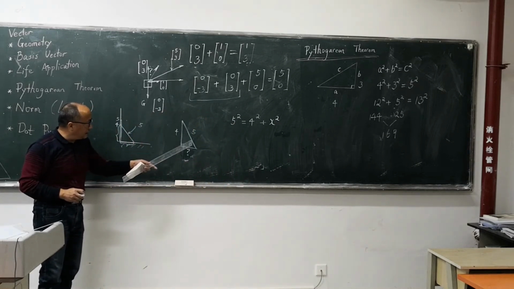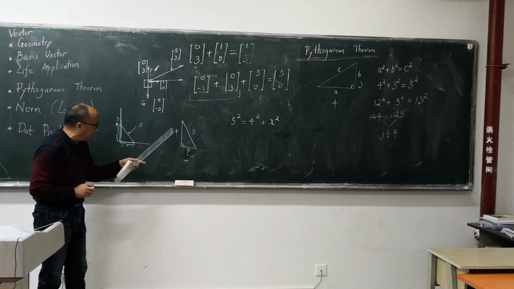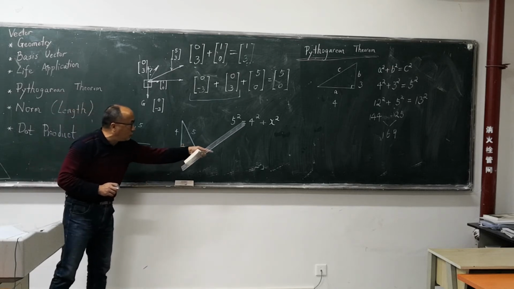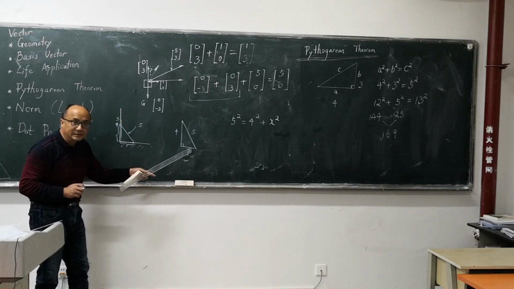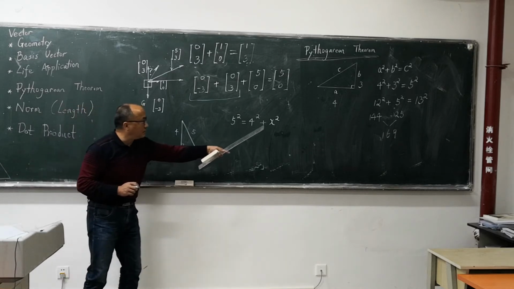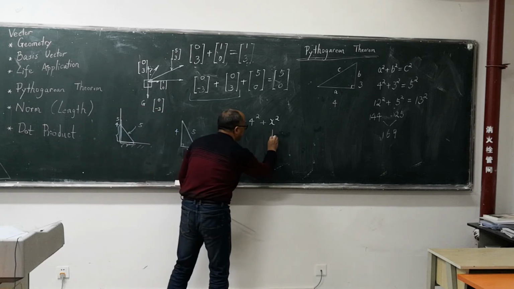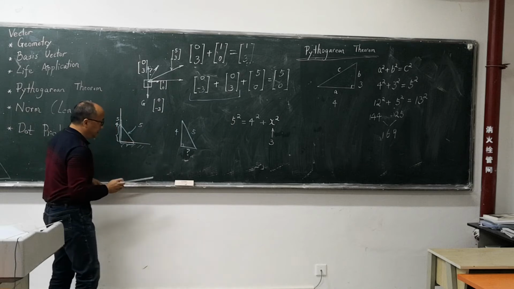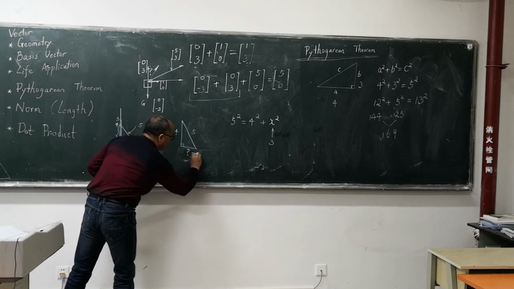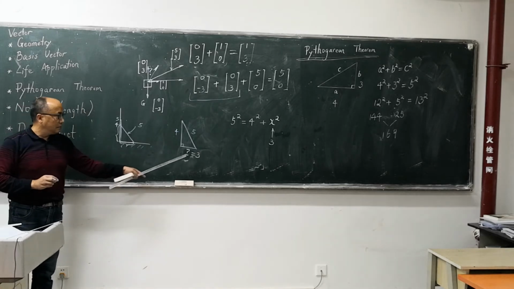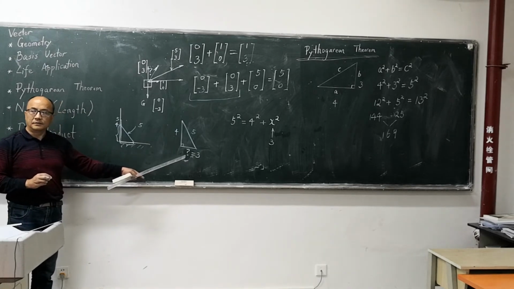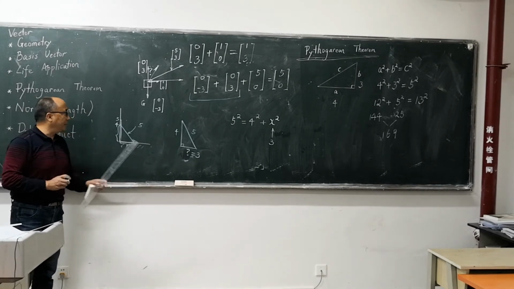This square plus this square equal to this plus this. So we can find out that this has to be 3. This is a 3.